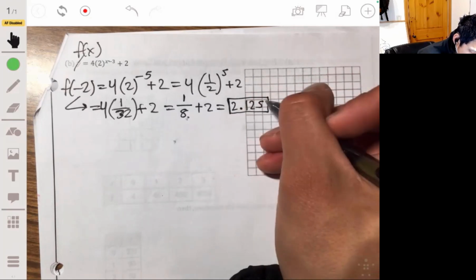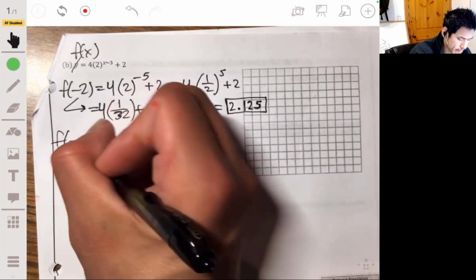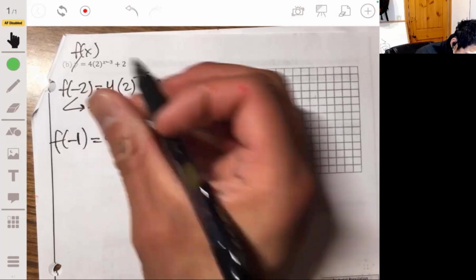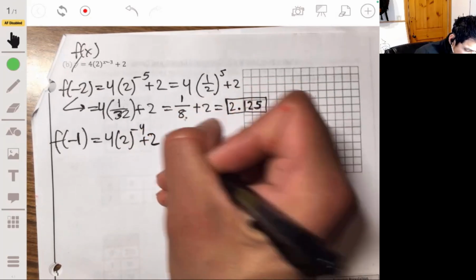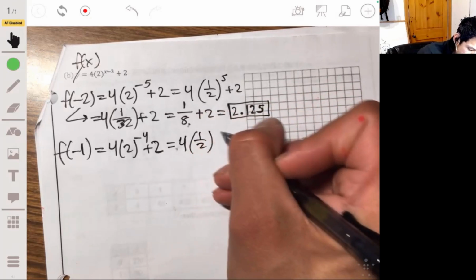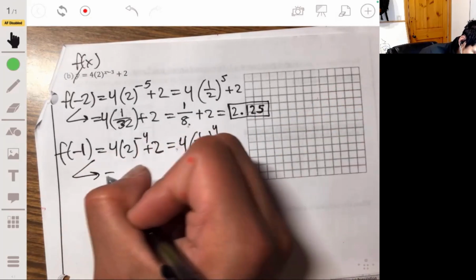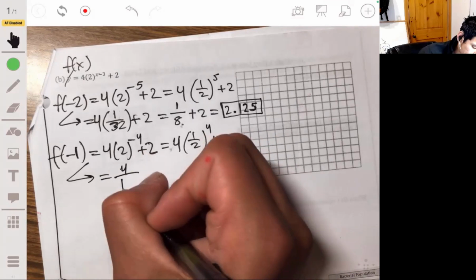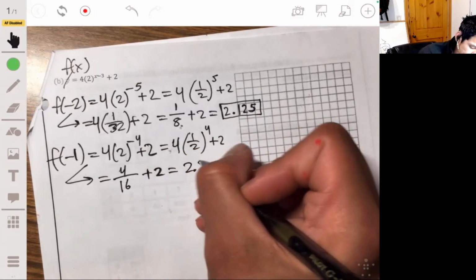And again, I'm going through these faster now because that's not the focus here, or shouldn't be anymore. f of negative 1: 4 times 2 to the negative 1 minus 3, so 2 to the negative 4, plus 2. 4 times 1/2 to the 4th, plus 2. So 4 times 1/16 or 4/16 plus 2. So 1/4 plus 2 will then be 2.25.